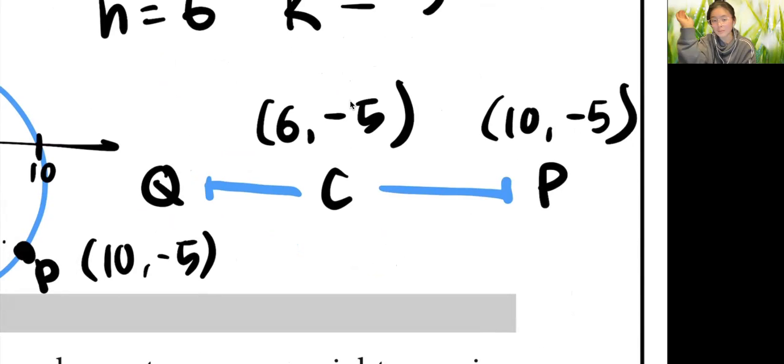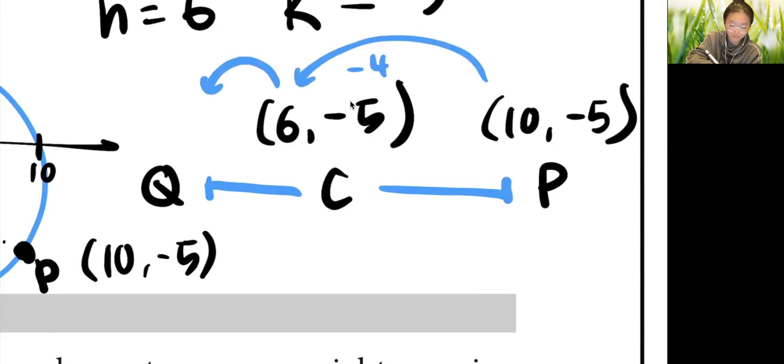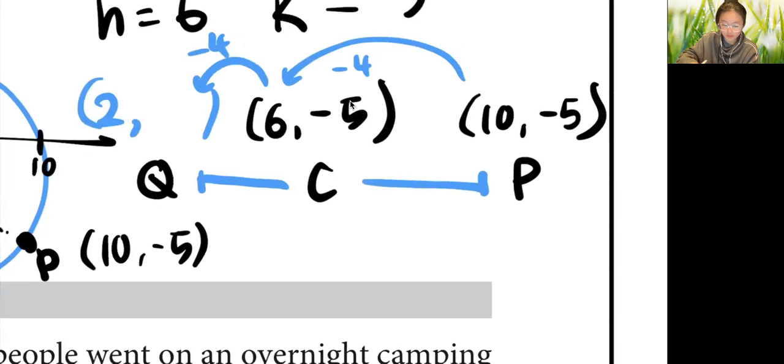So you only go -4 again from 6, right? Because the center is in between P and Q. We got to go that way. So 6 minus 4 is 2. And then for our Y, we're just going to do the same.